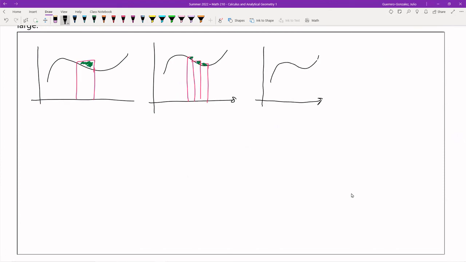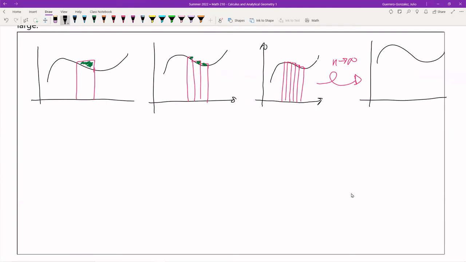So same graph. I'm trying. But now the boxes are really small. So notice how little the over approximation is now. And we'll do this over and over and over again, as n approaches infinity, until we get something.